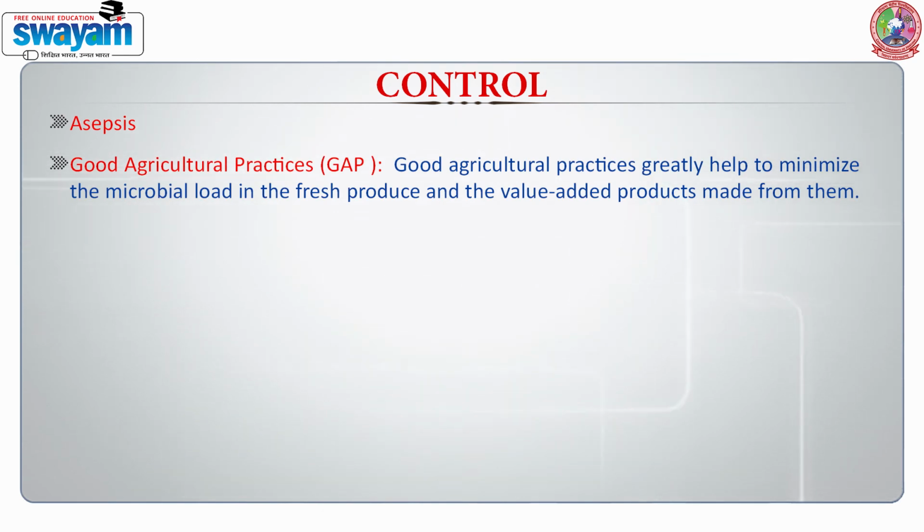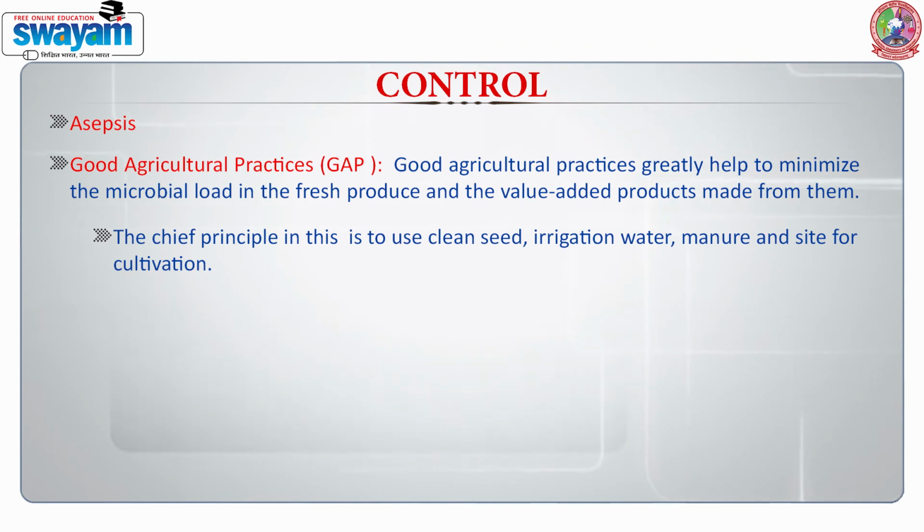Good agricultural practices greatly help to minimize the microbial load in the fresh produce and the value added products made from them. The chief principle in this is to use clean seed, irrigation water, manure, and the site of cultivation should also be free of the spoilage microorganisms.